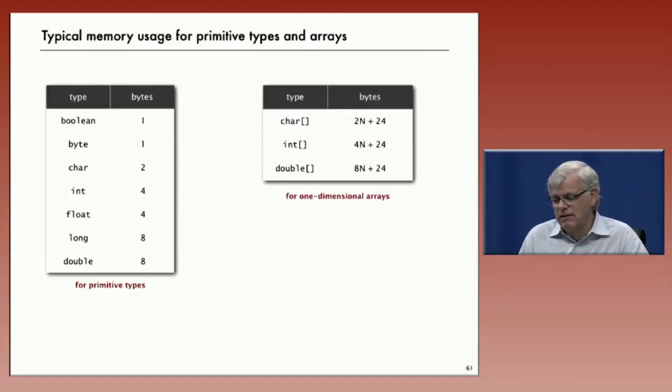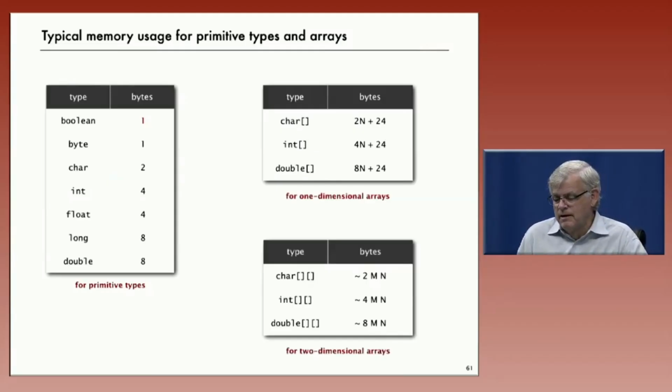And then for arrays, there's a certain amount of overhead for making an array, and then if there's n items, it's whatever the cost of the primitive type times n. So an array of doubles is, say, 8n plus 24. And for a two-dimensional array, well, we can go ahead and compute the exact thing, but now it's time to use the tilde notation.